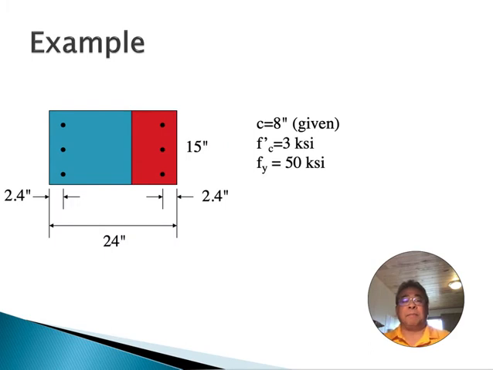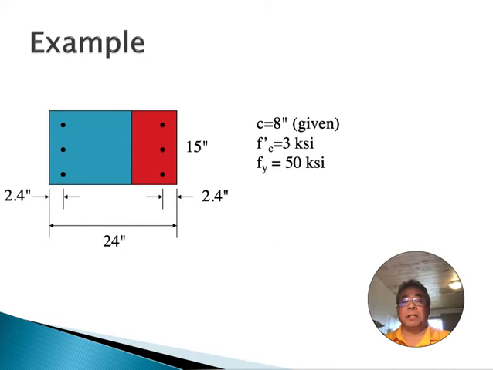In this example, we have a 24-inch by 15-inch column with bars at the two ends and a 2.4-inch distance, well, not cover, from the extreme fiber to the centroid of the steel. We have f'c is 3 ksi and fy is 50 ksi.